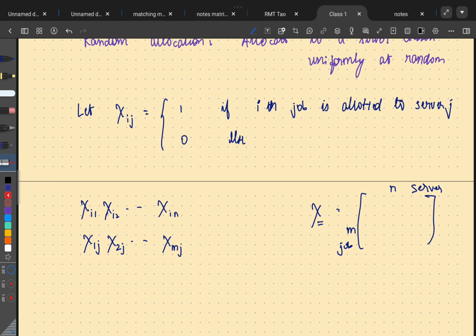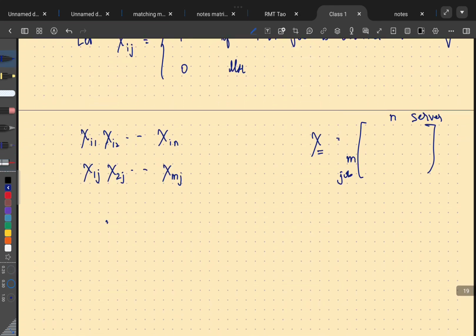So right now I have fixed a particular server, let's say server 1. Pick a particular job, the ith job. What is the probability that the ith job gets allotted to server 1? It is 1 by n. So in other words, each chi_ij is Bernoulli 1 by n.